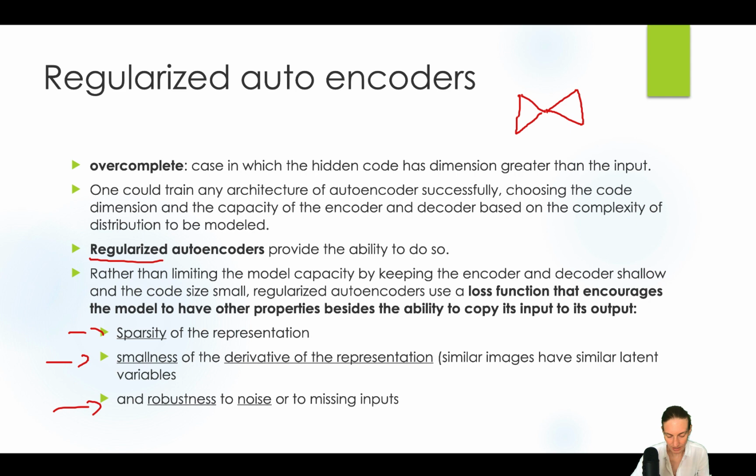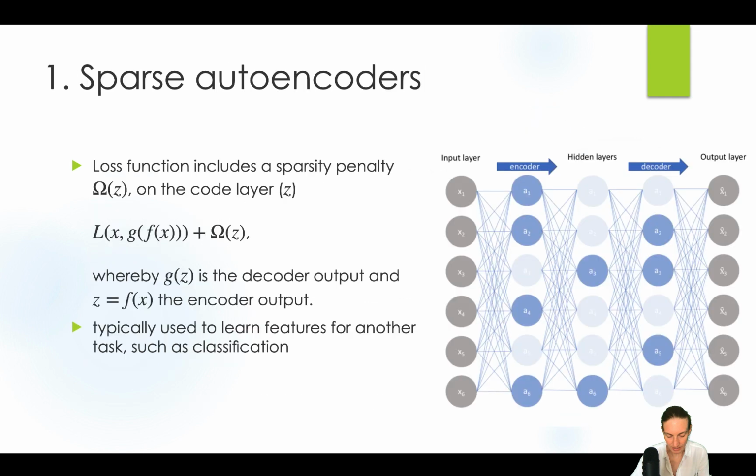Let's have a look at some types of regularized autoencoders. First one is the sparse autoencoder. Sparse autoencoders have a loss function that includes a sparsity penalty, omega(z), on the code layer z. So we always refer to our code layer as z.